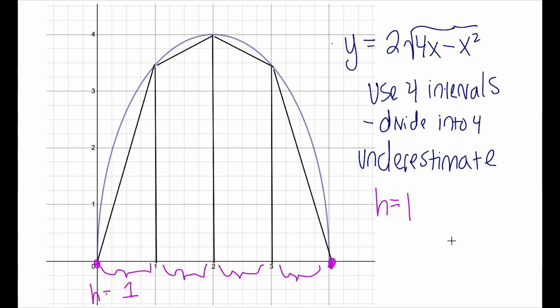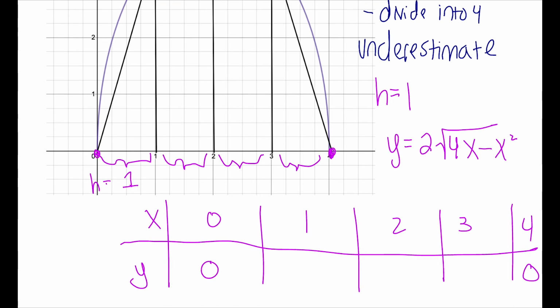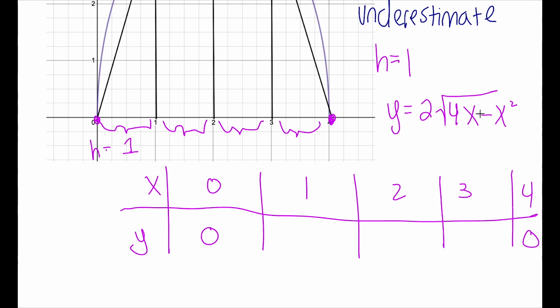We need to plug in the rest of the values for y equals 2 times the square root of 4x minus x squared. Here, I would get 2 radical 3. Here, it's 2 times 2, which is 4. And here we have 2 root 3 again.